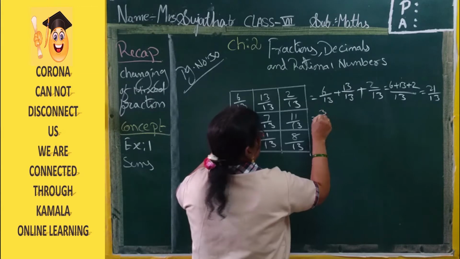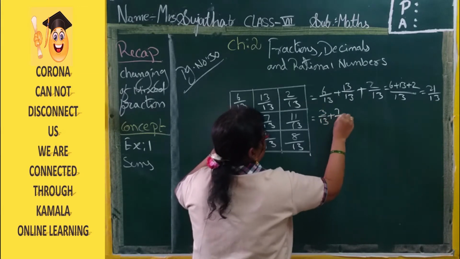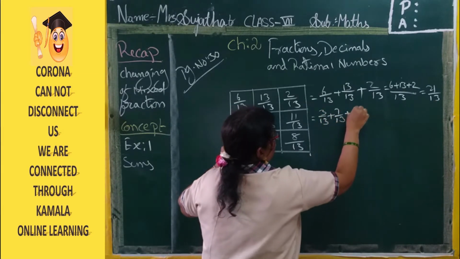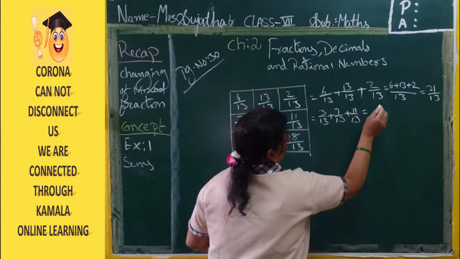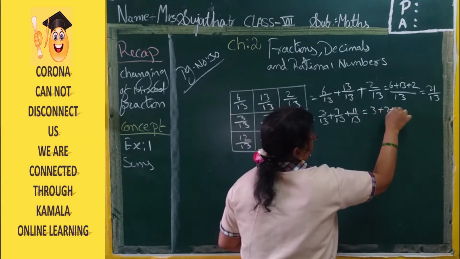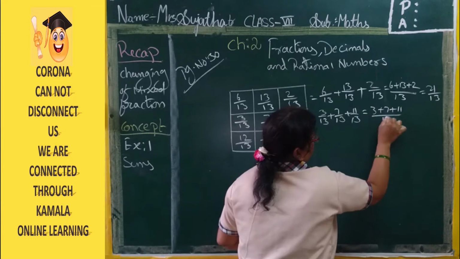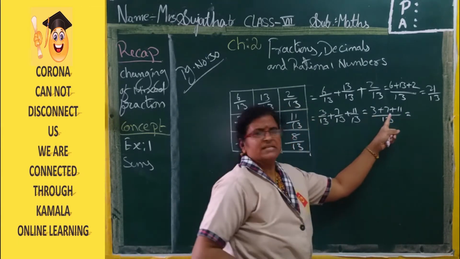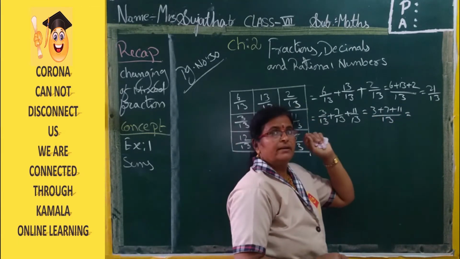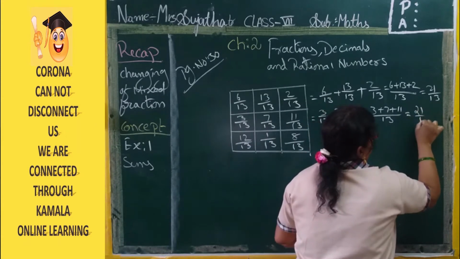Similarly this one. How much will you get? 3 by 13 plus 7 by 13 plus 11 by 13 is equal to 3 plus 7 plus 11 by 13. Now 3 plus 7, 10. 10 plus 11, 21. 21 by 13.